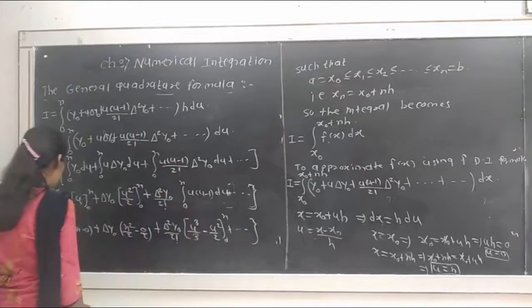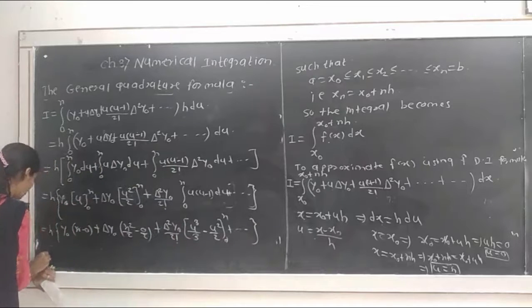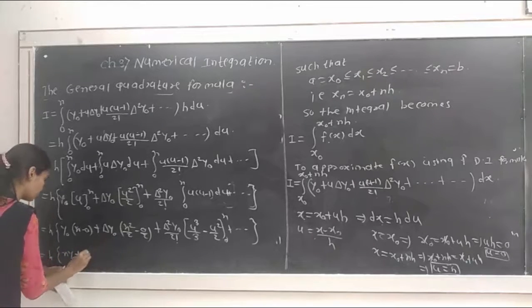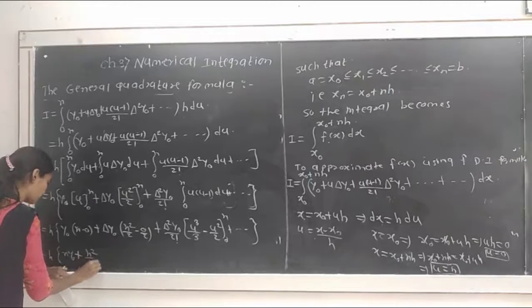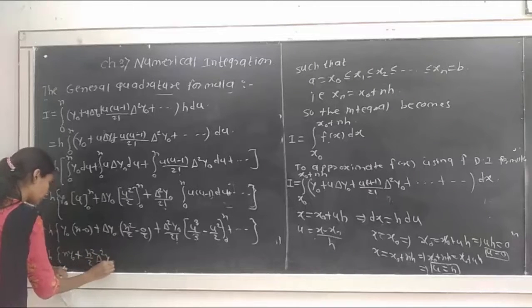In this way, we get h, and here n minus 0, that is n into y0, plus n square divided by 2 into delta y0.